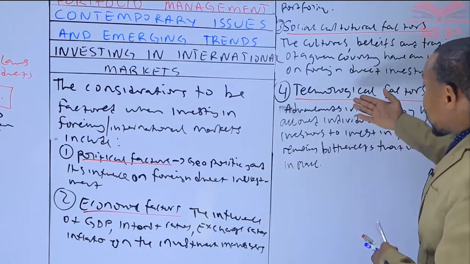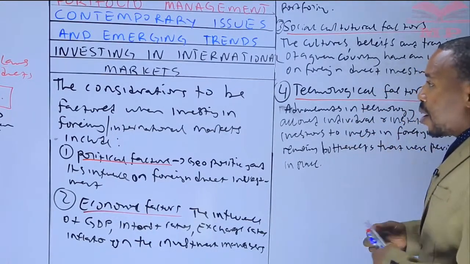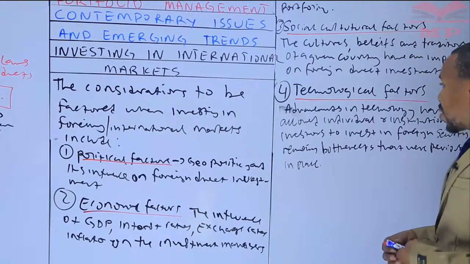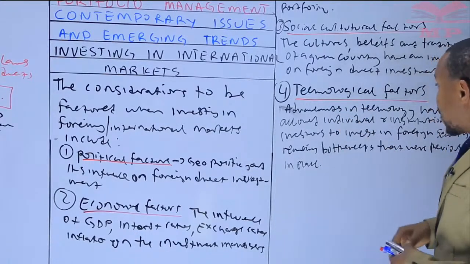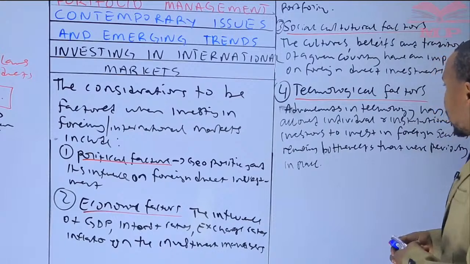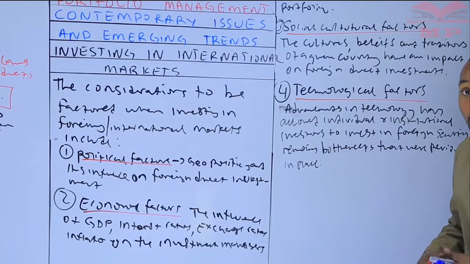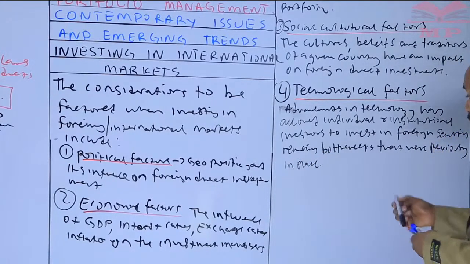Technological factors have brought ease in the way individuals transact. So in a country that is technologically savvy, there's going to be a challenge in how you execute investment decisions there. If countries are not moving at the fast pace at which technology is growing, you'd expect a hindrance in receiving foreign direct investment.